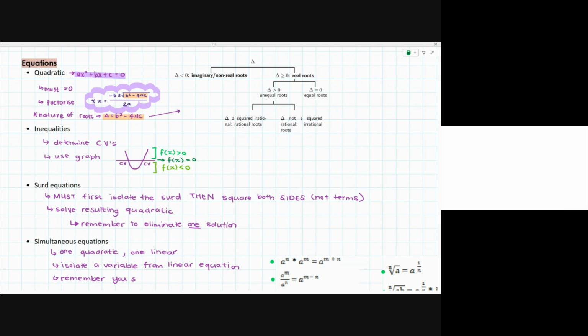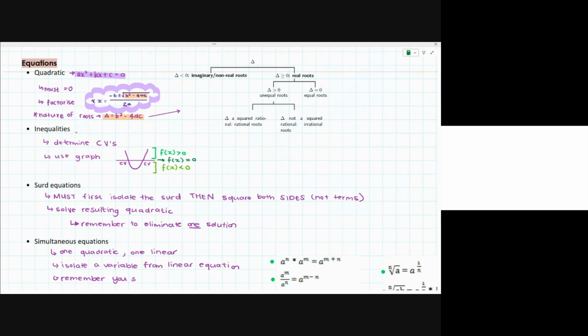Some people use a number line, and that's absolutely fine. But unless you have a very good understanding of your quadratic function, you cannot go straight from your critical values to an answer. We need to understand that when we are given different types of inequalities, we are looking at different parts of our graph.